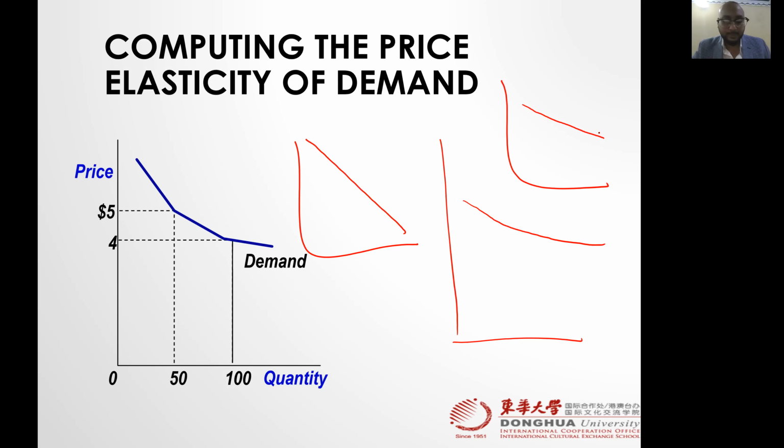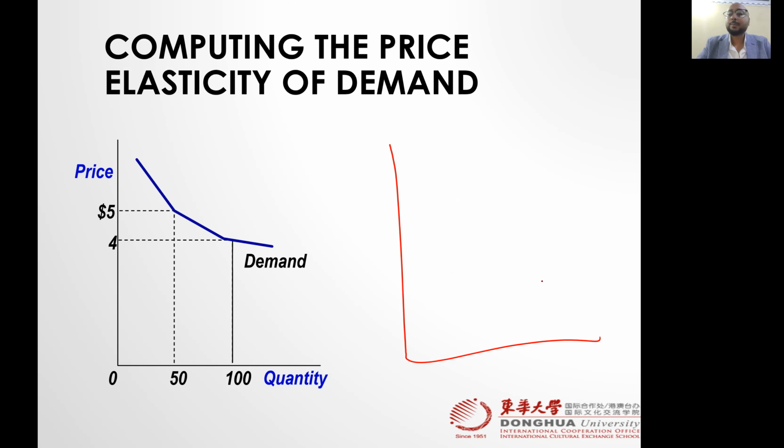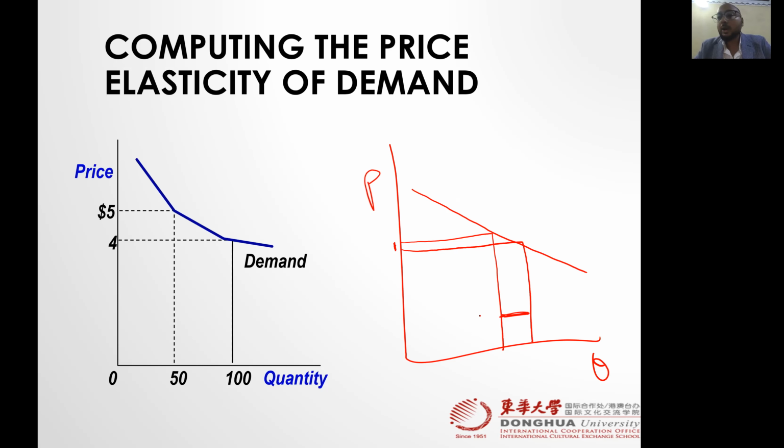How? Let's see that here. So you see, if the elastic curve is like this, a small change in price, there is price and there is quantity, causes a big change in quantity.